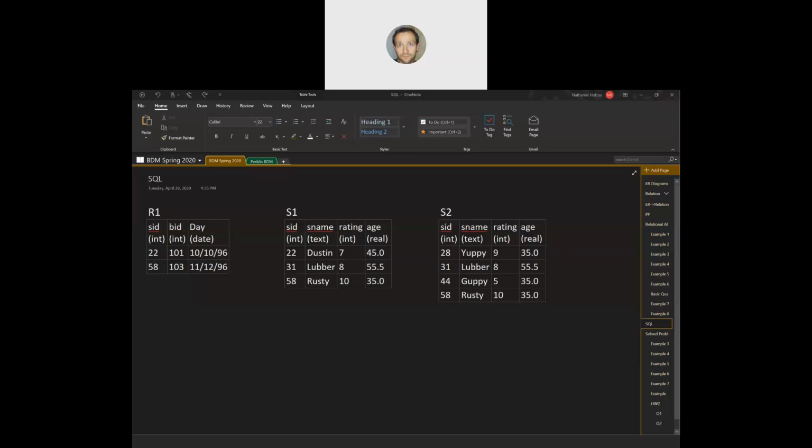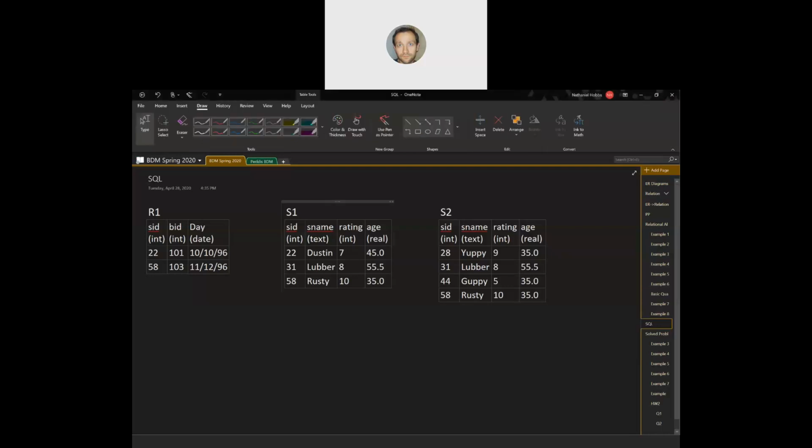So, given these tables, first I'll just ask something simple, and then I will go into a bit of a spiel on how to change things.